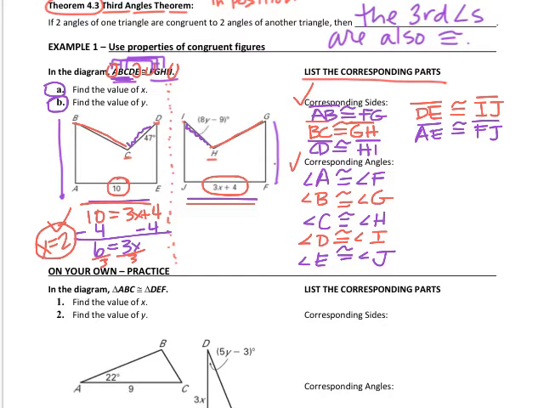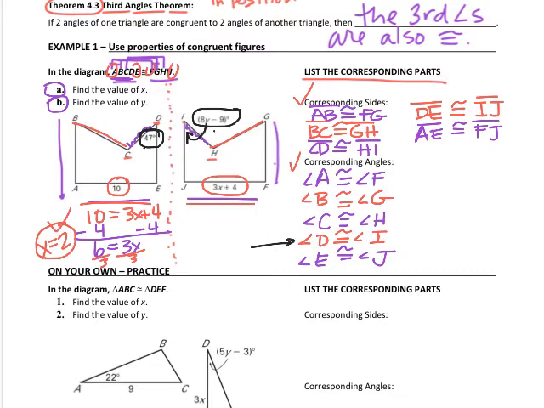Now I need to find the value of y, and y is part of this expression right here, and this was showing us that this angle is 8y minus 9, and the corresponding angle, remember the corresponding angle to angle I is angle D, so 47 is going to equal 8y minus 9.